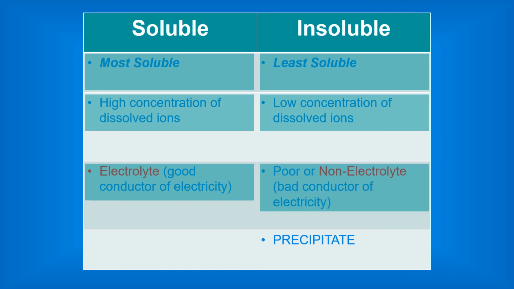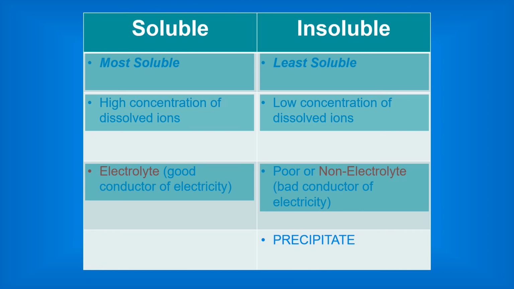an aqueous solution, and then it does not conduct electricity because it's not breaking down into its ions, that's going to be a non-electrolyte or a poor electrolyte because it's not going to conduct electricity. So here you guys know the concept of conductivity, that if something is making ions, most likely that thing is going to conduct electricity.